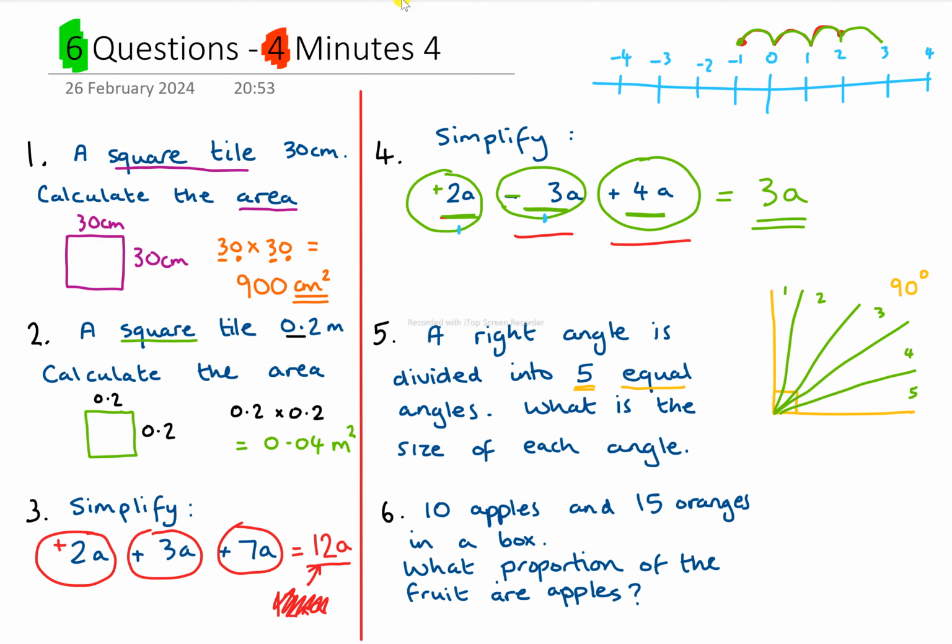Okay, the diagram's not the best in the world, but pretend that that's 5 equal pieces. We need to work out the size of each angle. So all I simply do is 90 divided by 5. How many 5s are there in 90? However you want to do it, it's 18 degrees.